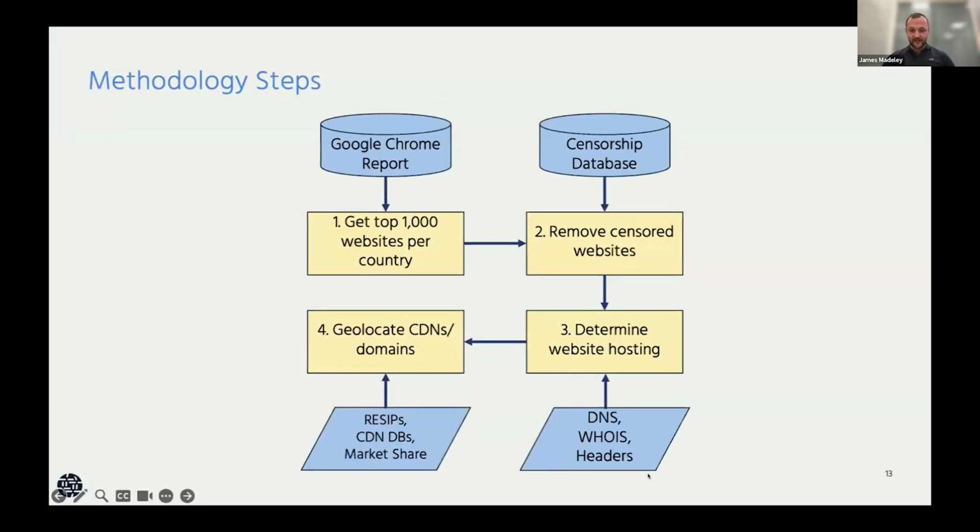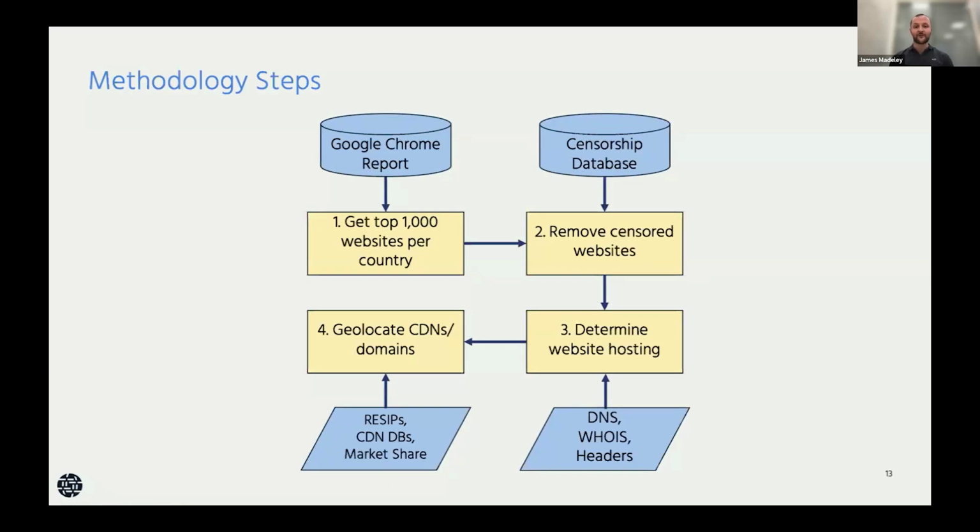this set of lookups here, when we determine the website hosting, we do DNS lookups, whois lookups, and then we will do a GET request of the website in order to extract the headers. And this is something we also do for this geolocation step as well, because we extract geo hints from the returned information of the websites.